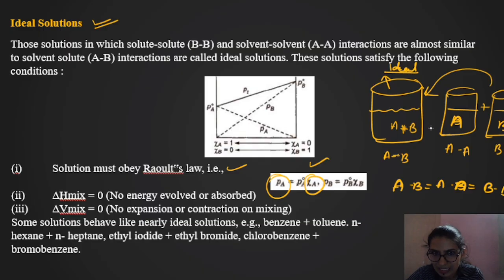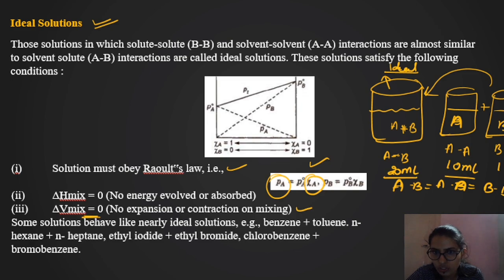And after mixing, you will see there is no change in volume. It means suppose you have taken 10 ml of A component and 10 ml of B component, and after mixing it should be 20 ml, right? It means there is no increase or decrease in volume.